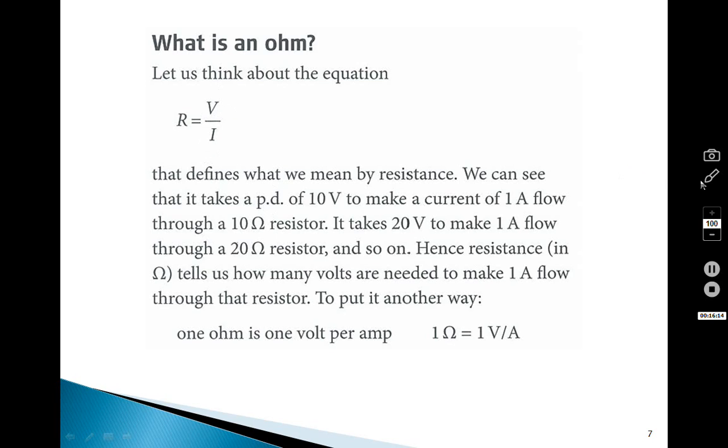So, for example, here we can say that it takes a PD. If PD is 10, here we need 10 volts to make 1 ampere flow through a 10 ohm resistor.